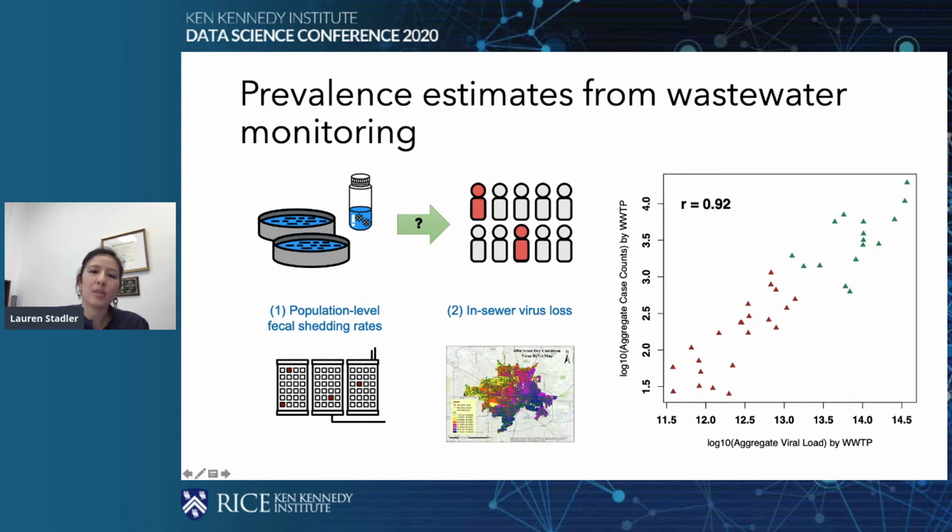The green is the treatment plants that we've been sampling since early May, and the rest are the treatment plants that came online, or that we started sampling, in July. And again, we see this extremely strong correlation between the total viral load and the total number of cases, suggesting, as we expected, that viral load will be reflective of disease burden in these communities, and suggesting that we could maybe potentially use this to actually estimate the number of positive cases in communities down the road.